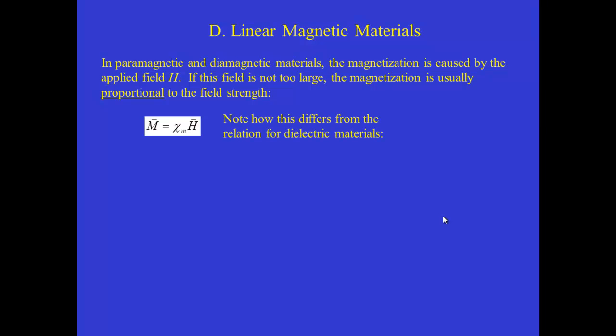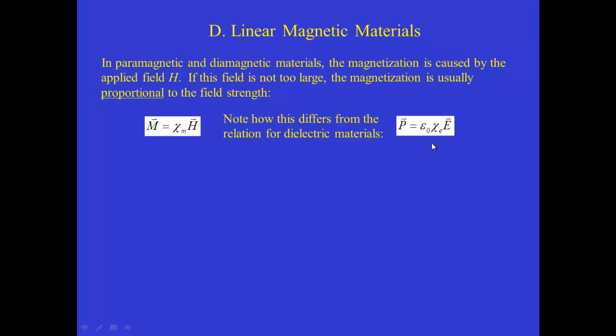Note that this differs a little bit from the relation that we came up with for dielectric materials, when we were looking at how an applied electric field causes a polarization or a reorientation of the charge in a dielectric material. P we defined at that time to be equal to epsilon naught times chi sub e times the electric field. The difference is not only the epsilon zero term, but rather that the polarization equation has P proportional to E, where E is the total field.